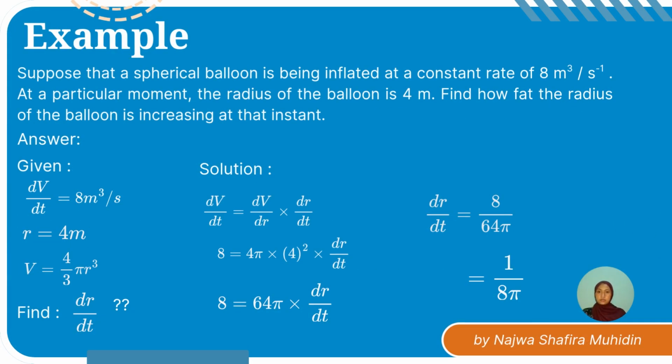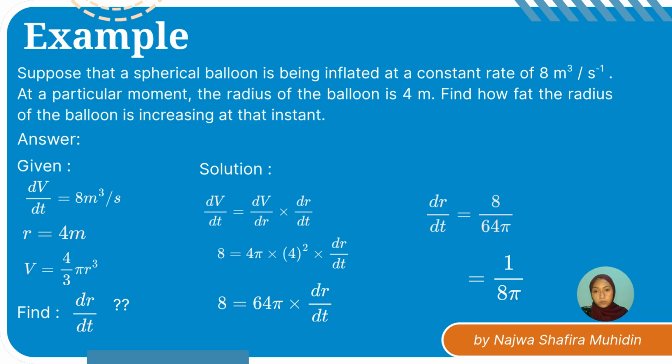Let's look at a real-life application of related rates. We are told that a spherical balloon is being inflated at a constant rate of dV/dt equals 8 cubic meters per second.